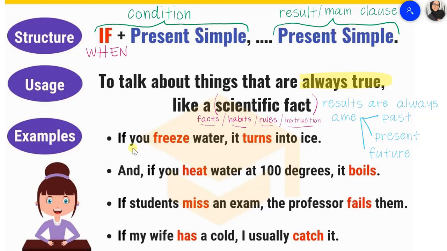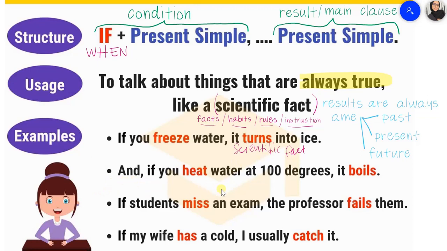Now let's look at the examples. The first one, if you freeze water, it turns into ice. So which category does this zero conditional fall under? It is a scientific fact. What about the second one?